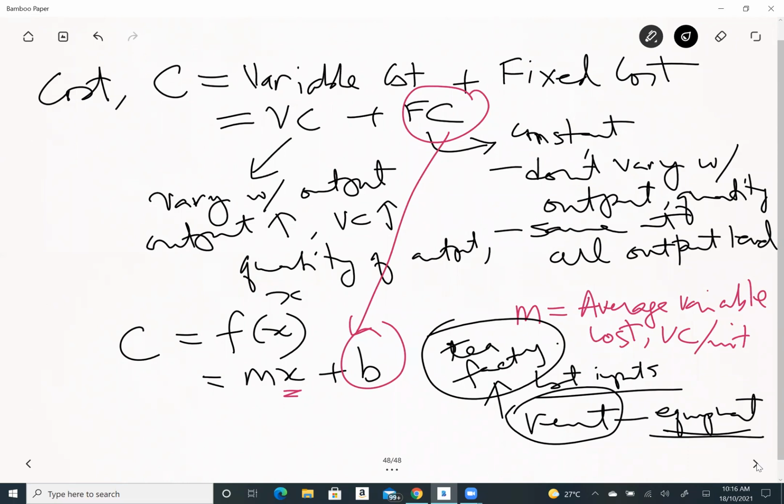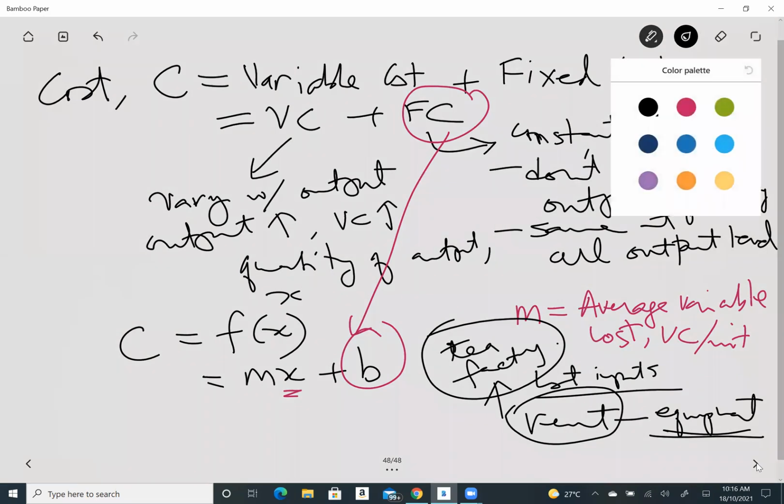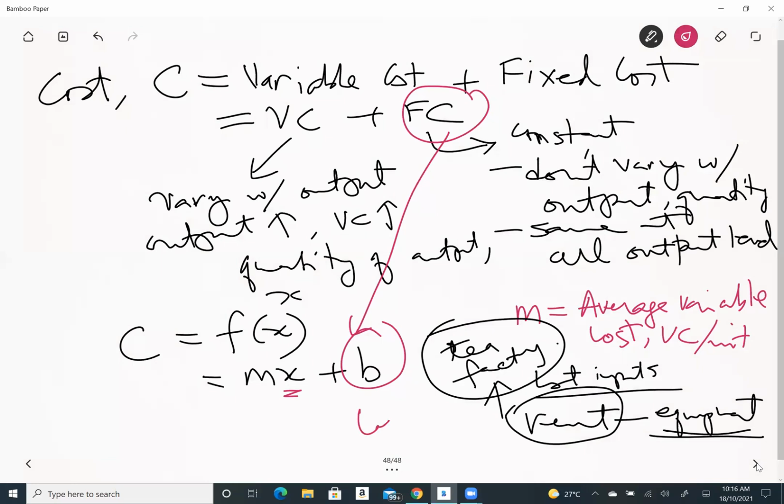Variable cost is the one that you can easily dispose of. So you don't produce, you stop the output. One good example of a variable cost is labor. Labor is easy to hire, easy to dispose of. So labor is a good example of a variable cost.